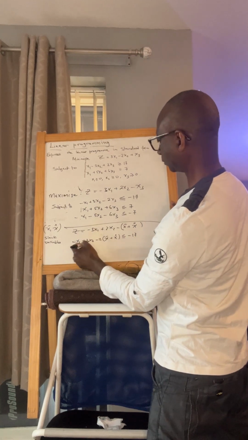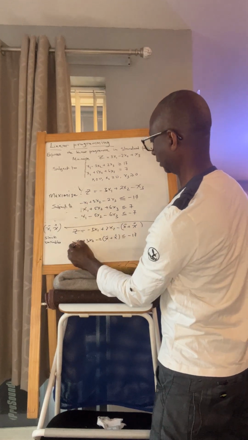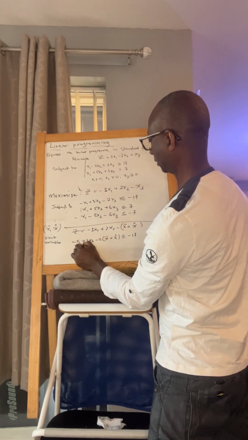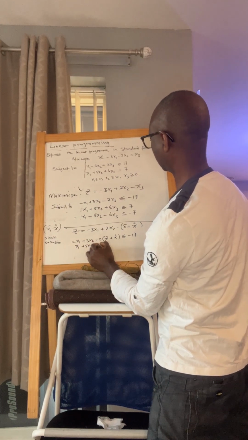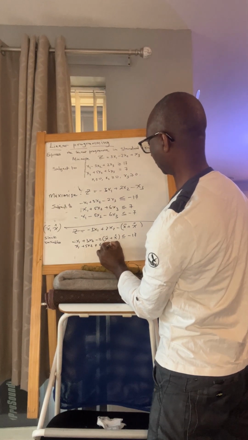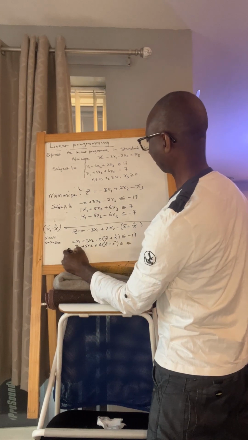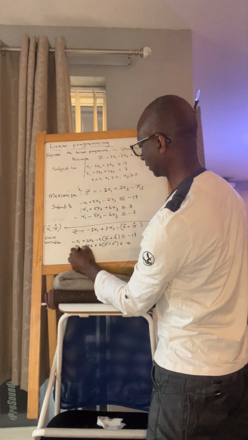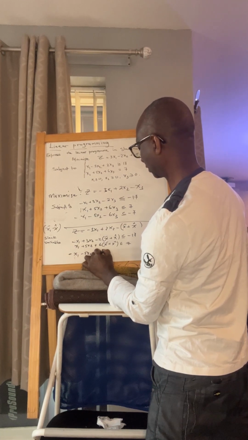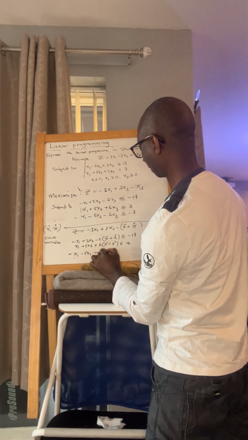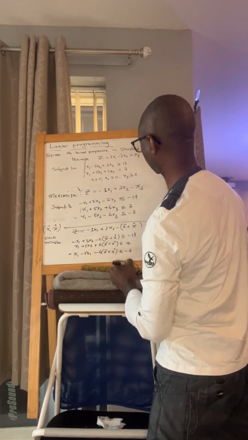And then for this second equation, we have x1 plus 5x2 plus 6 times x bar plus x hat less than 7. And then again we have the same thing with negative signs: minus x1 minus 5x2 minus 6 times x bar plus x hat less than or equal to minus 7.